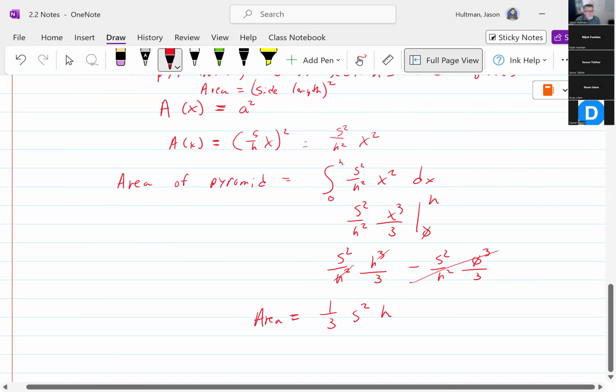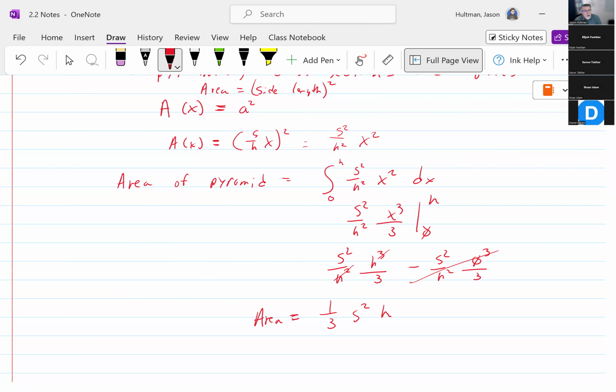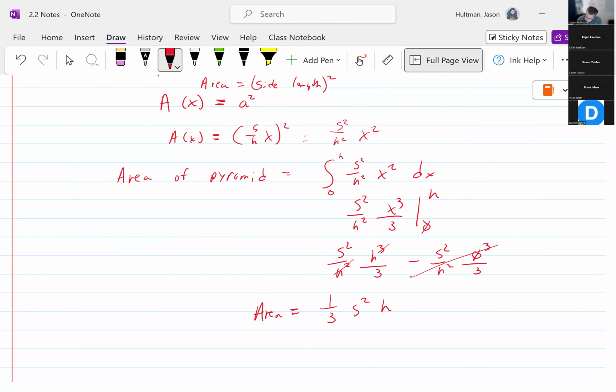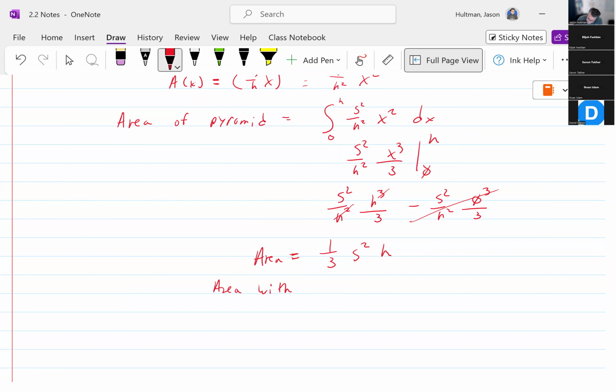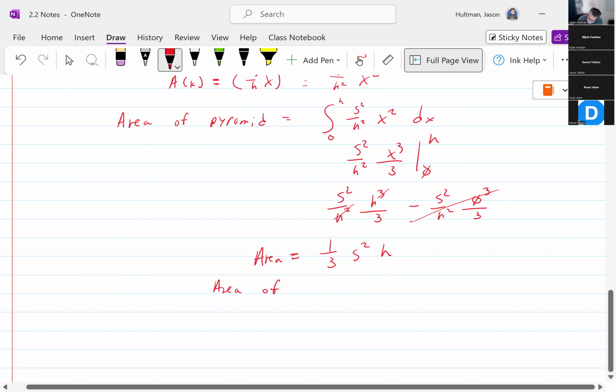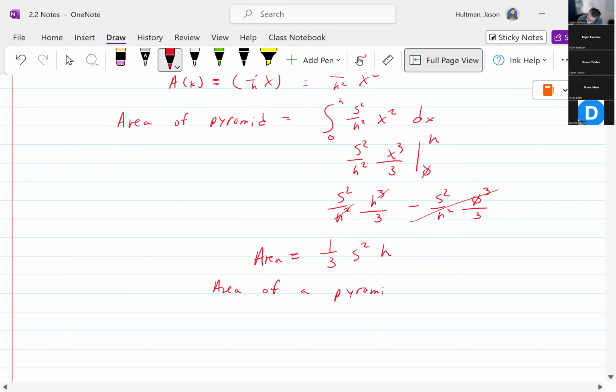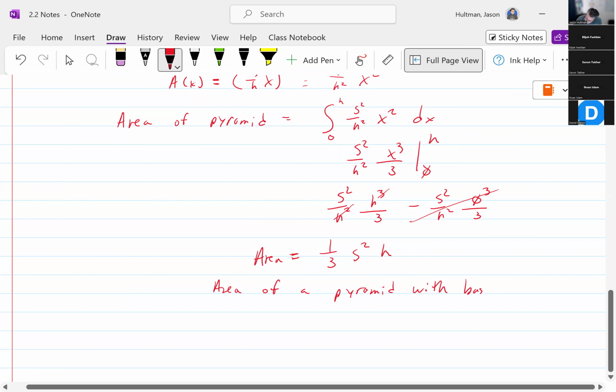That's the formula for the area of a pyramid with a base of a square with side S. Okay, so, I should say, area of a pyramid with square base with side length S.